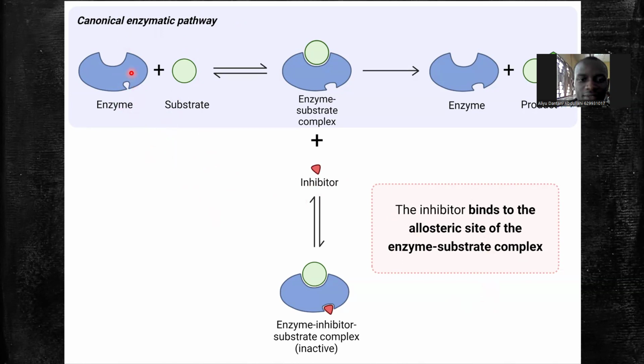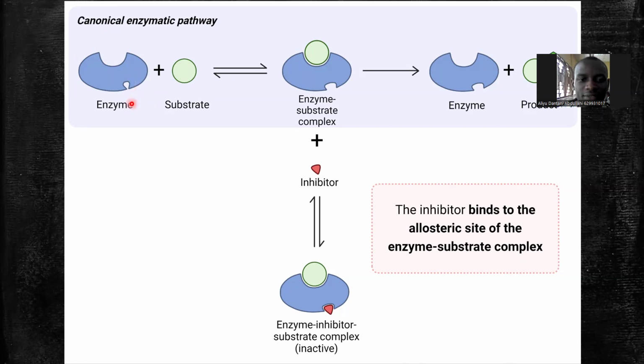In the case of hexokinase, for example, it converts glucose to glucose 6-phosphate. If enough glucose 6-phosphate is produced and there's no further need for energy, the glycolytic pathway has to slow down or be temporarily halted.